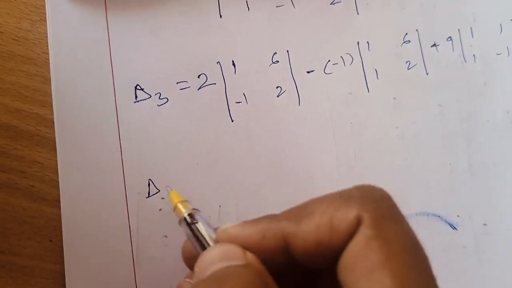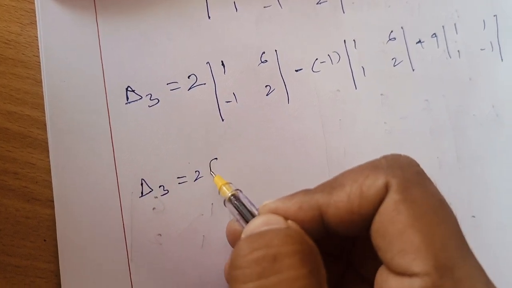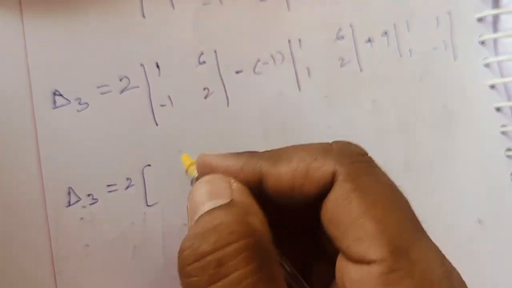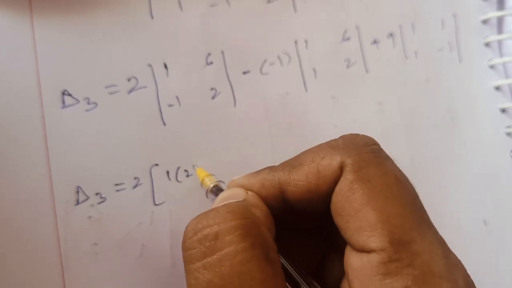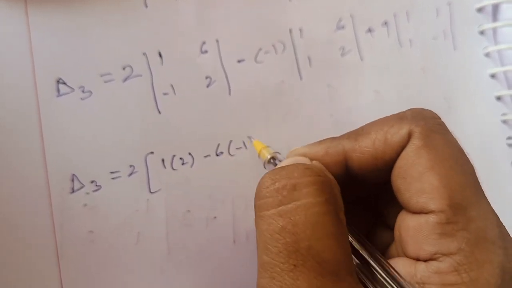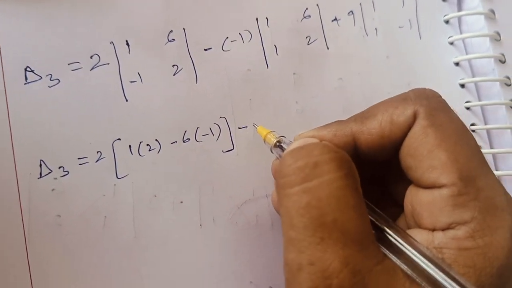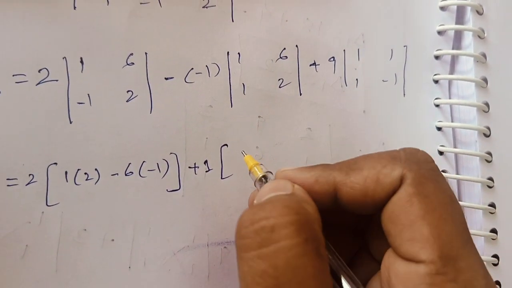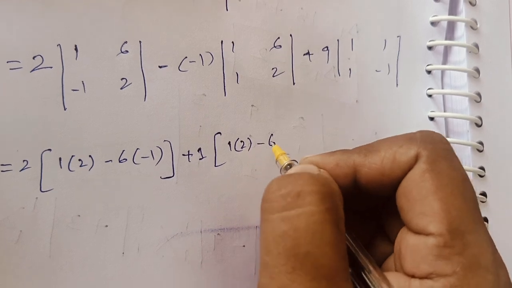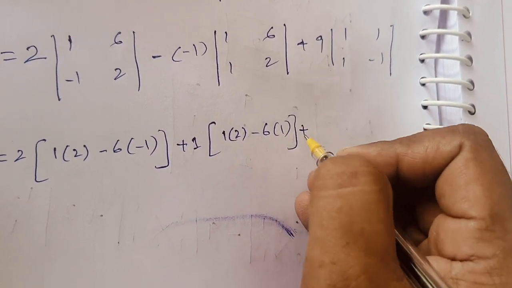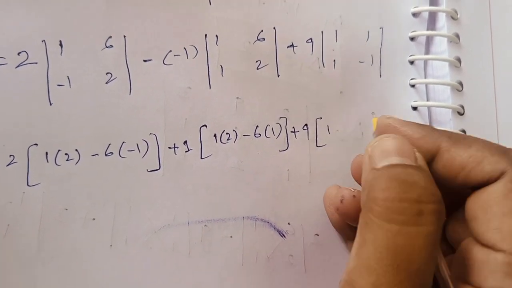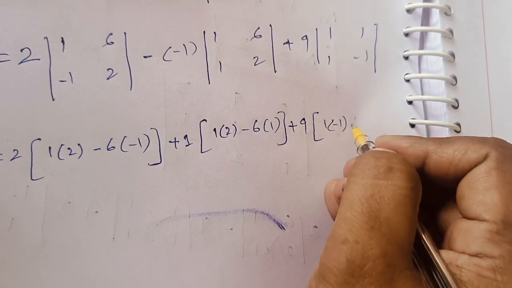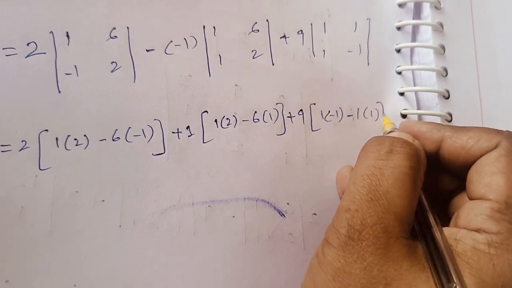So delta 3 is equal to 2 into AD minus BC is 1 into 2 minus 6 into minus 1. Minus into minus is plus. This is 1 into 2 minus 6 into 1 plus 9 into 1 into minus 1 minus 1 into 1.